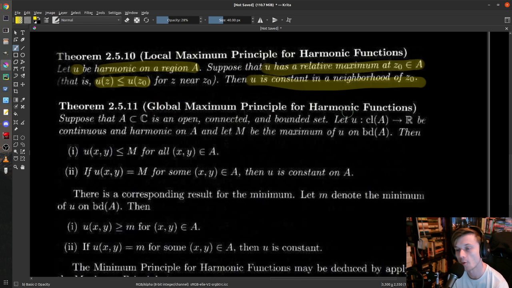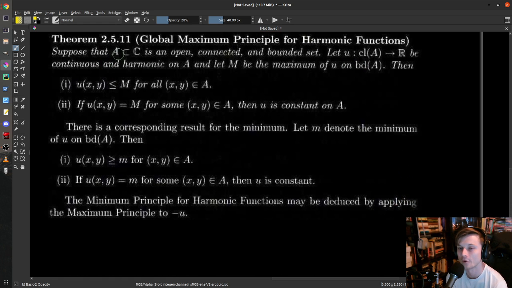So the global maximum principle for harmonic functions is kind of nice, in particular because we're working with functions that just go to the reals, take a pair of reals to a real number, right? Or take a complex number to a real number, right? Whether you want to think of the complex plane as ordered pairs of two real numbers with a nice additional multiplication on them. We can do something cool here.